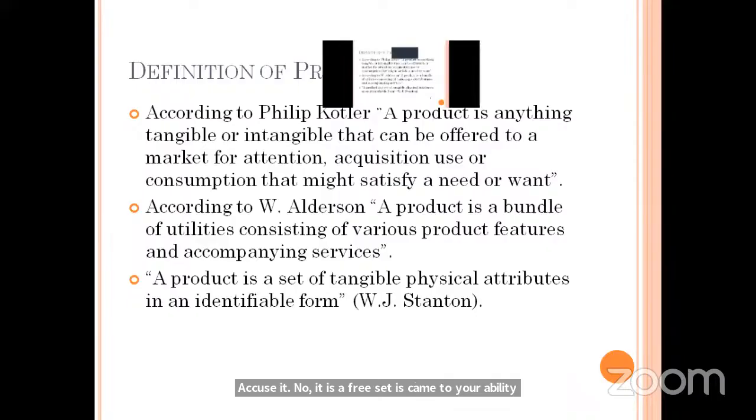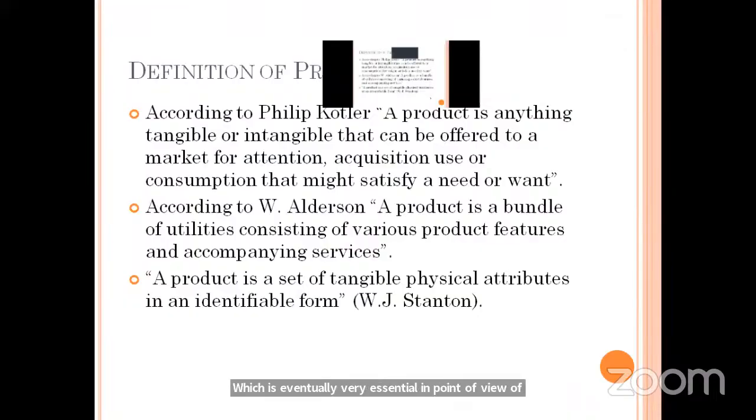If you have the money and the ability to buy the product, then you are able to acquire that product and use it. If the car satisfies the need or want you have, then the satisfaction level of the customer goes to 100, and the product is called a successful product, which is very essential from the point of view of the market.